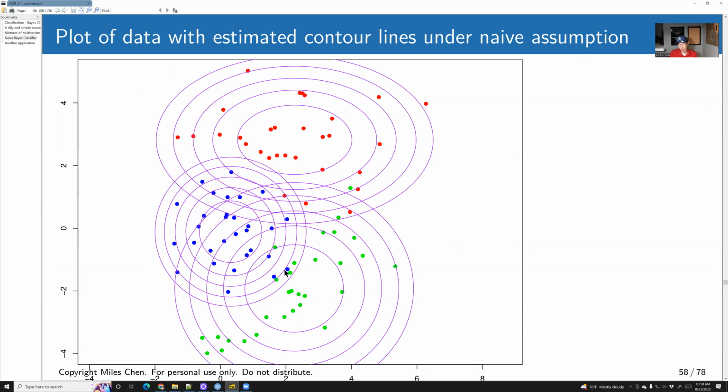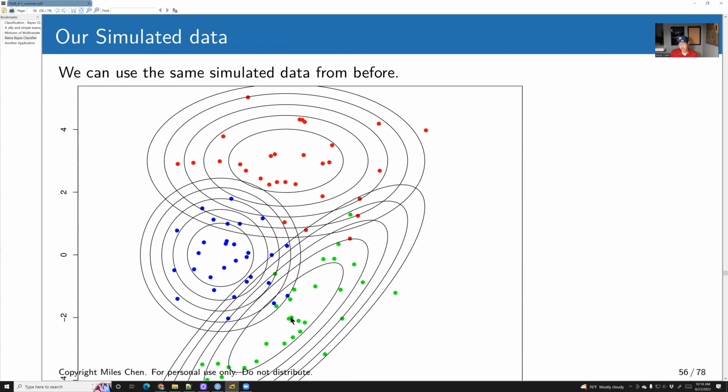And when I assume there's no covariance between them, this is what we get. We say you have a variance of about 3 in this direction, about 3 in this direction, and this is what your ellipse looks like. The major and minor axes of your ellipse are parallel to x1 and x2, rather than being this diagonal ellipse, right?